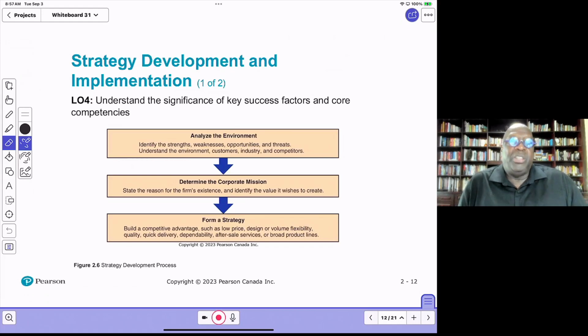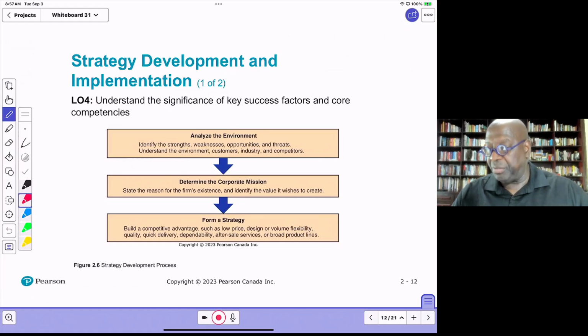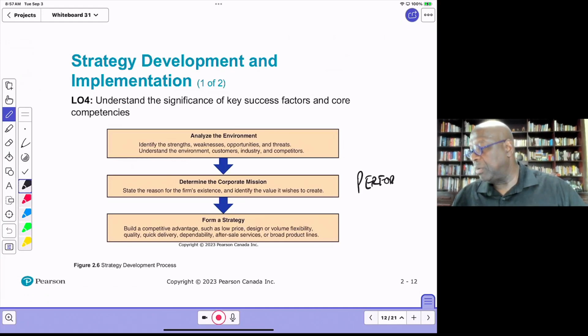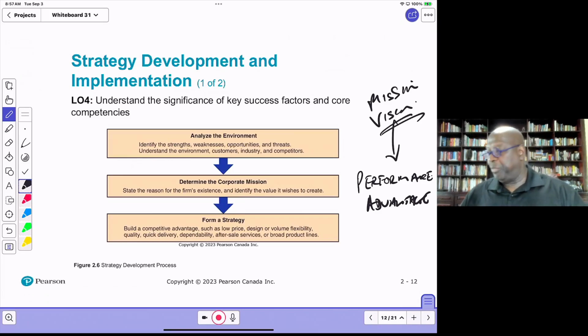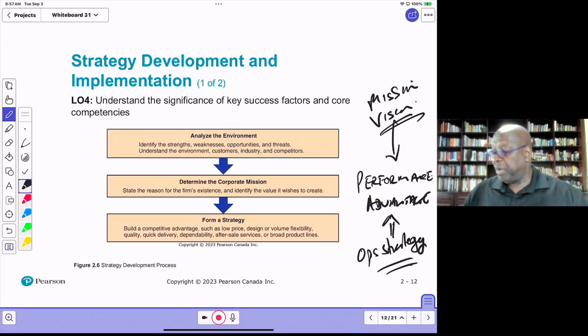And what is that strategy? That strategy will be articulated in terms of you saying what performance advantages you want to achieve, right? So you have to understand what performance advantage. So your mission and your vision are important here, the performance advantage, and then this is where we create the ops strategy, right?